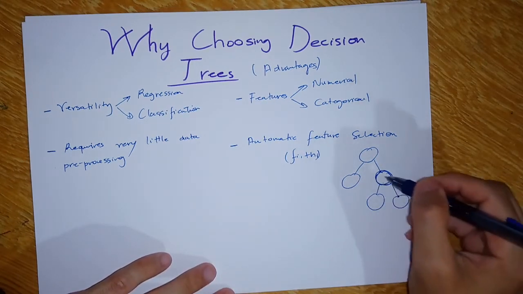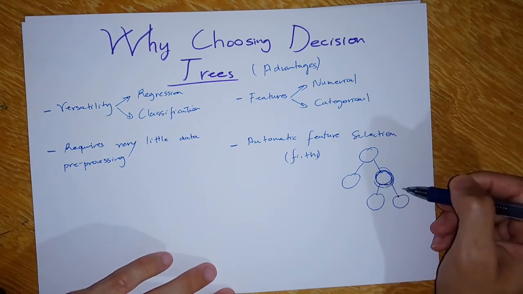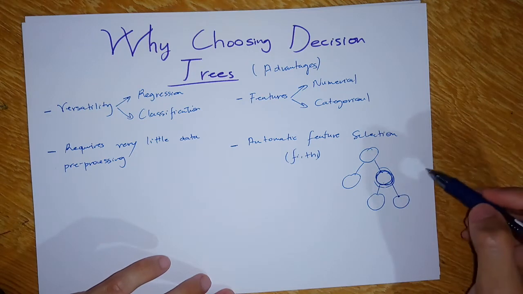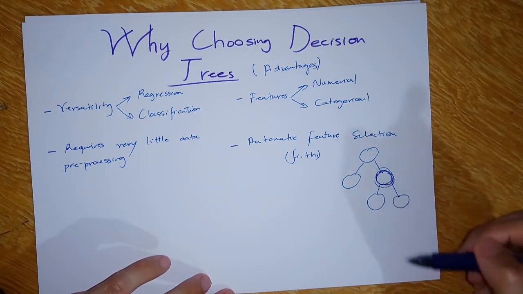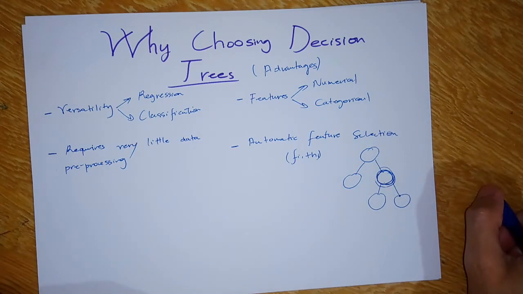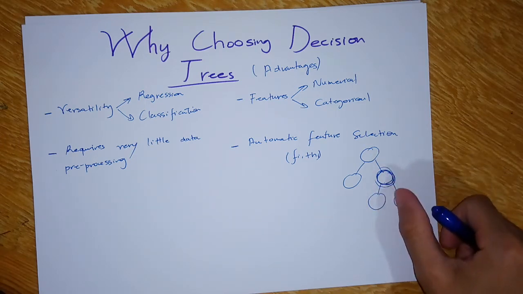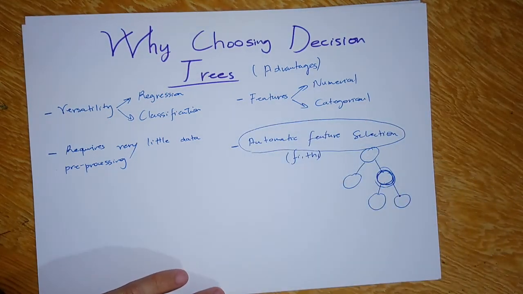So what we do is that we evaluate the impurity of this node before splitting, and then again we evaluate the impurity of this node after splitting, and if there is no enhancement, that is, there is no decrease in the impurity, we don't split that into two leaves. And this is also why this property of automatic feature selection happens.